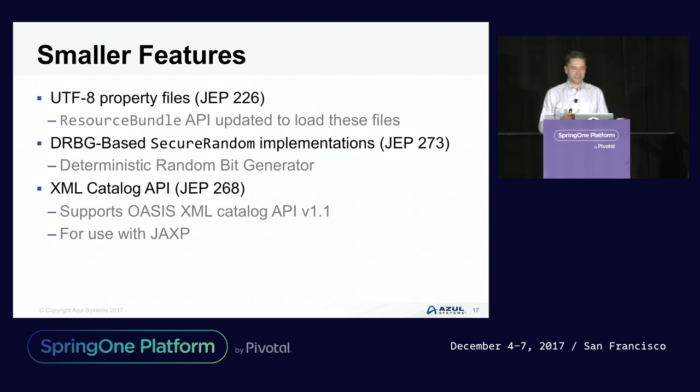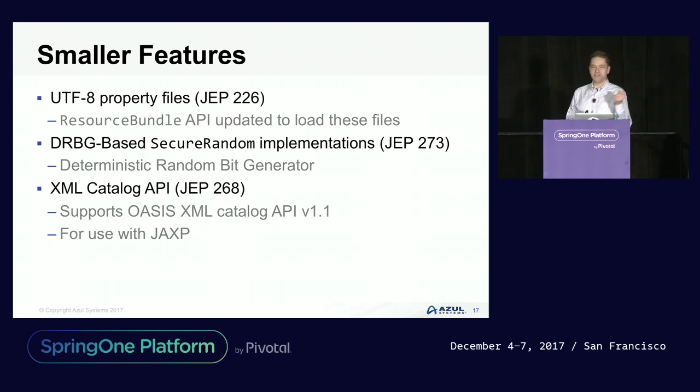A few smaller features in terms of standards. Property files now have the ability to use UTF-8 encoding. So you think to yourself, wow, what does that mean? Well, it means you can use Unicode, which means that your property files can now have emojis or lowercase Cherokee. The secure random implementation has been switched to using DRBG.